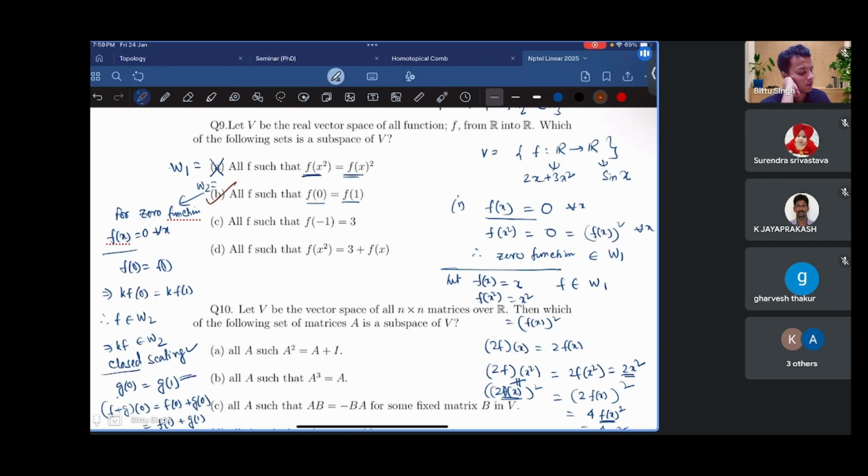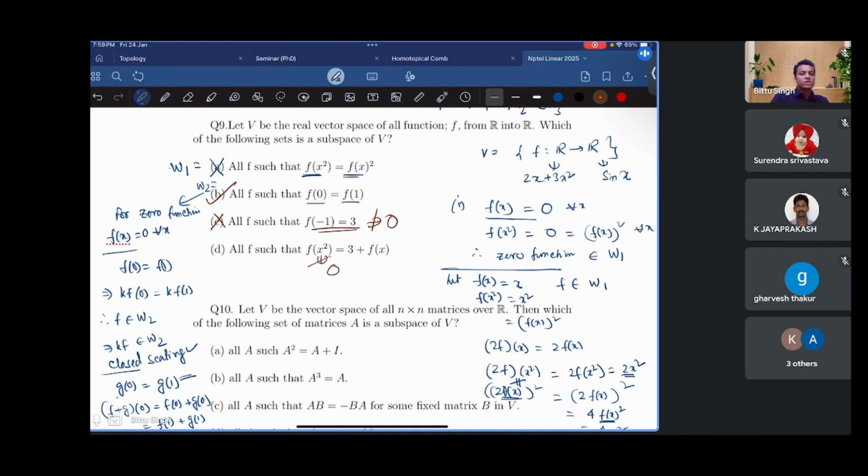Similarly, here it is wrong because for the 0 function, 0 does not belong to this. For the 0 function, if you apply it on -1, it will again give you 0. So 0 does not belong to this, so this is wrong. And what is the problem? Again, 0 does not belong there.